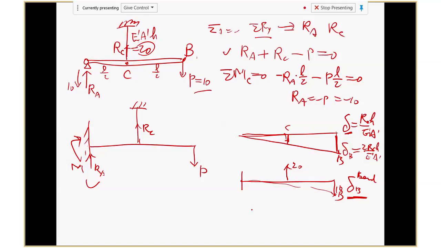So the delta B from the bending is supposed to equal the delta B because of the 20, right? That's in the middle. So that's the RC. And the delta B from this load P, and that is 10. For each one, we can find it from the previous one.